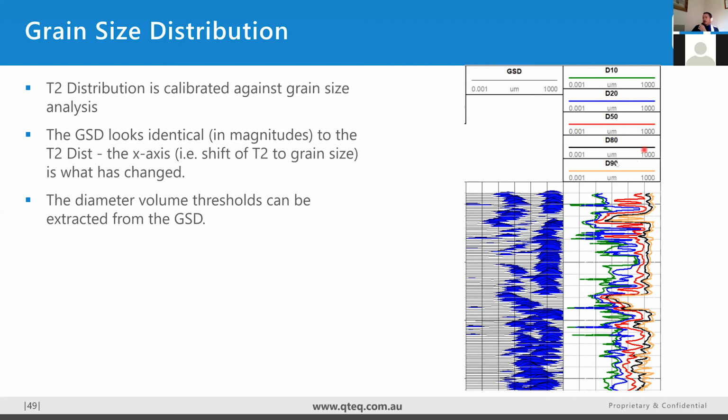And you can end up with things like your D10, D20, D90 curves that give you the probability of certain particles under a different size. And this is useful in either a completions setting, or if you're interested in knowing the grain size distribution for geotechnical assessments.